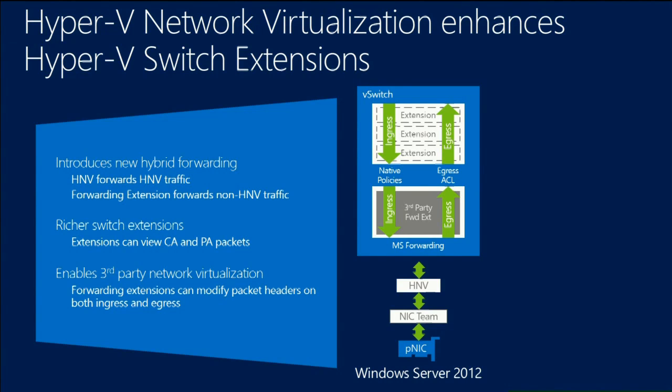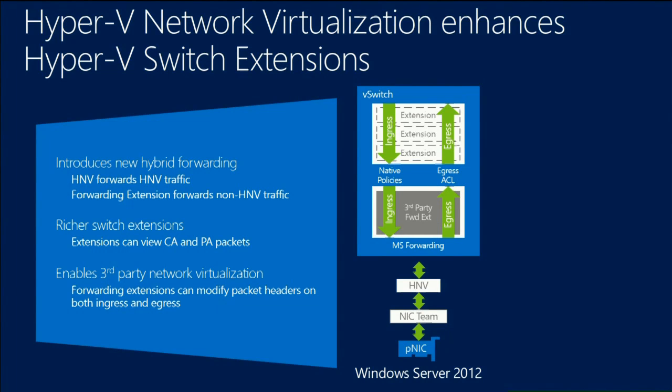But the actual mapping to the provider address space happens below the switch in HNV. So all these extensions which want to provide value, like SFlow may want to provide information on the NVGRE packet, it can't do that. So in the 2012 timeframe, what we did is we moved HNV into the switch.